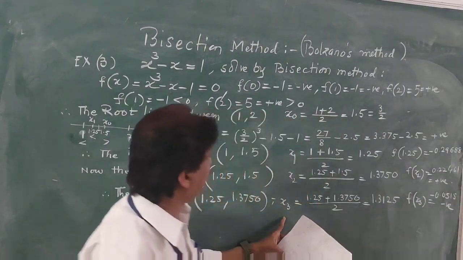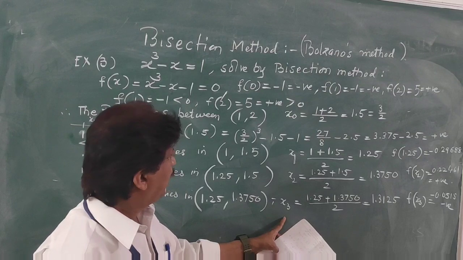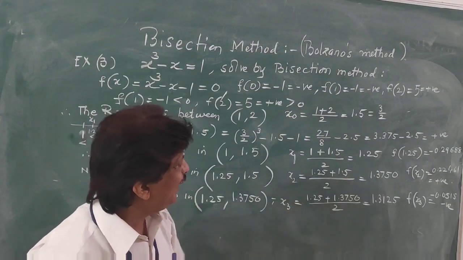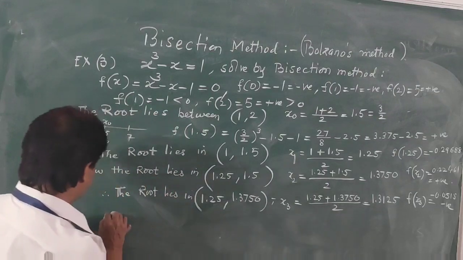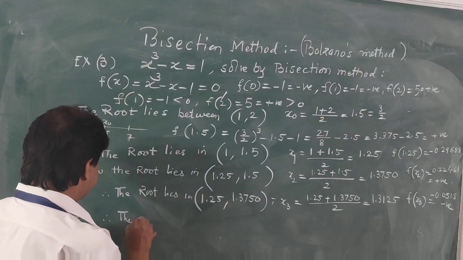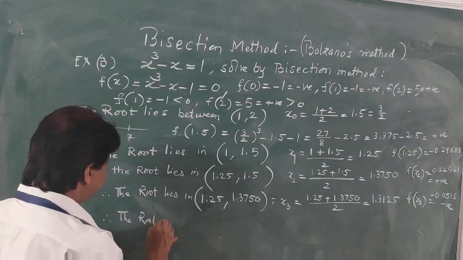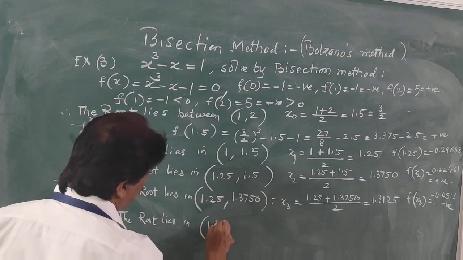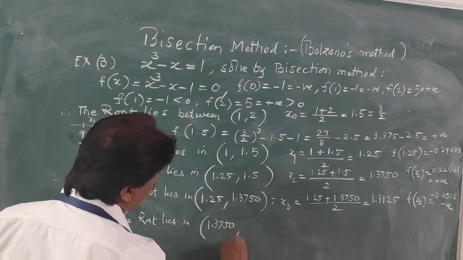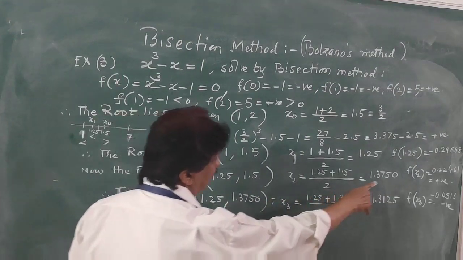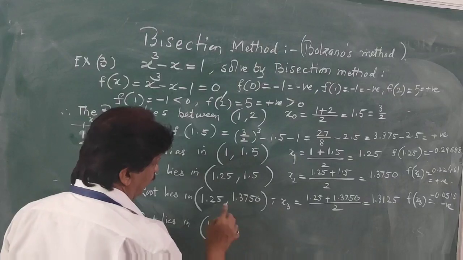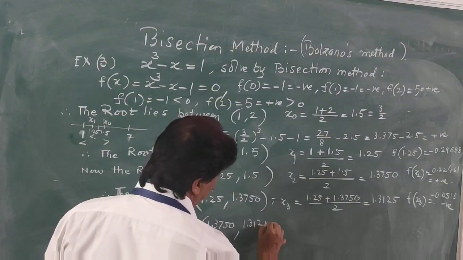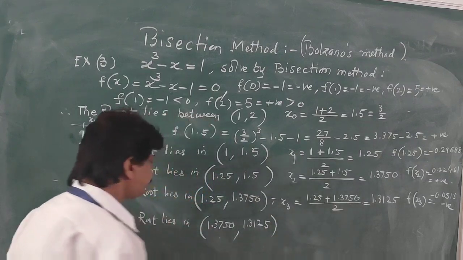F value of x3 is negative and f value of x2 is positive. x2 was 1.3750, therefore the root lies in 1.3750, for which the f value was positive, and x3, 1.3125, for which it is negative.